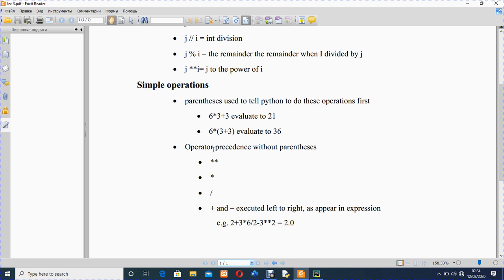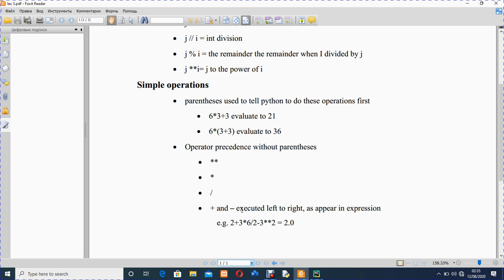Then operator precedence without parentheses. This is another rule for Python. When we have double star, that means raise to power, then single star means multiply, slash divide, plus and minus.